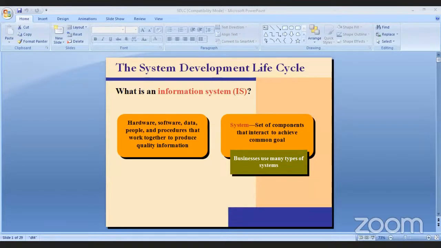An information system, as we have already discussed, consists of the hardware, software, data, people, and procedures that work together to produce quality information. Quality means free from error.